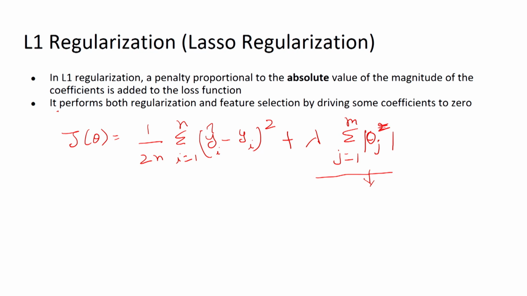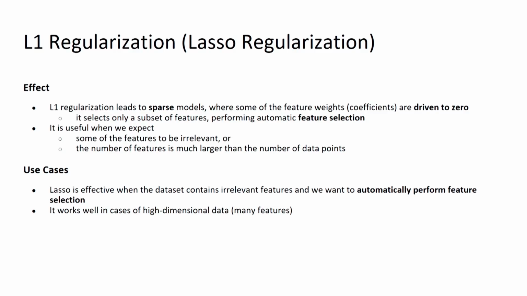In that case it is better to use L1 regularization, because it can make the coefficients corresponding to those features that are not relevant 0, while in case of L2 regularization we have seen it will not make them 0, it will only shrink these values. So, you can say that L1 regularization leads to sparse models.